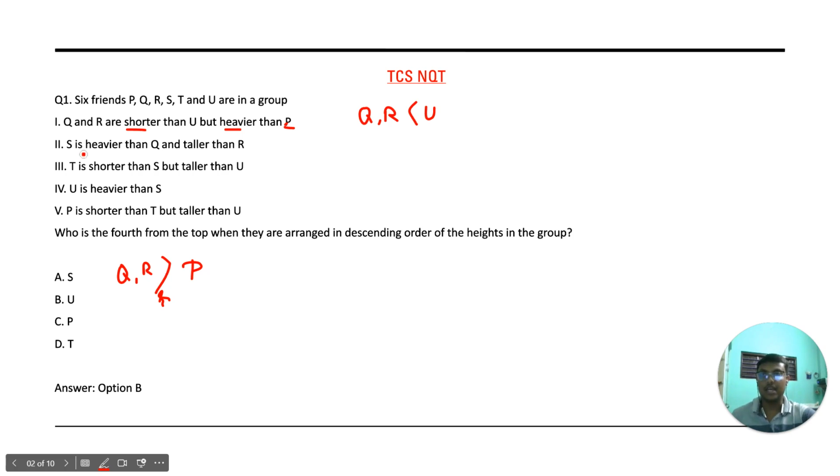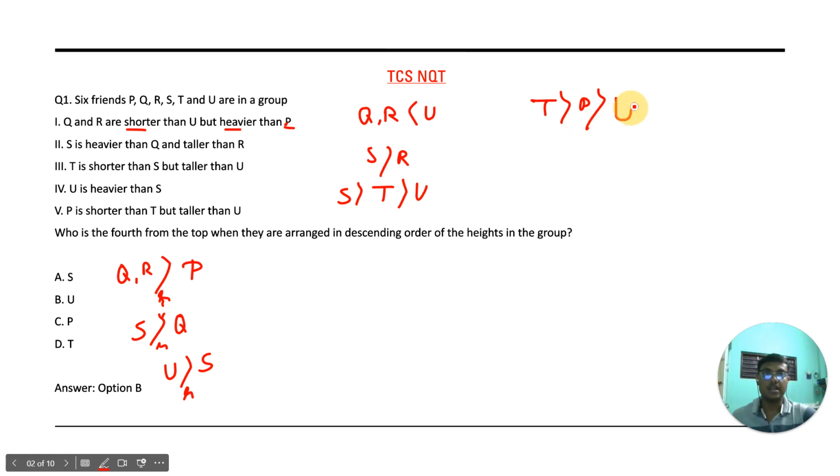Next is S is heavier than Q and taller than R. Next is T is shorter than S but taller than U. Okay, U is heavier than S. Next is P is shorter than T but taller than U.